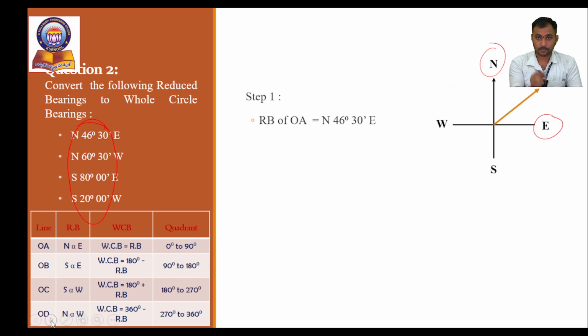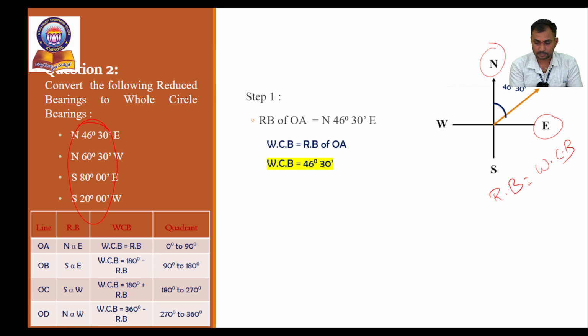From north onwards we take 46 degrees 30 minutes. Now the reduced bearing is equal to the whole circle bearing. Now we will see the calculation part. The whole circle bearing is 46 degrees 30 minutes.